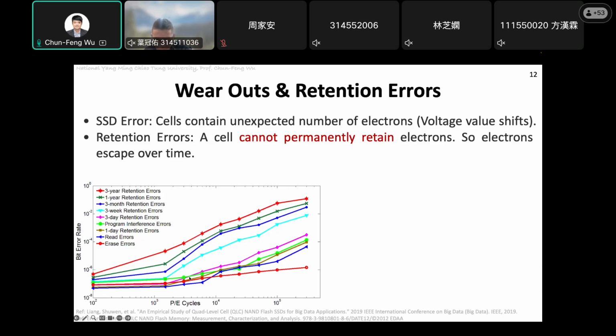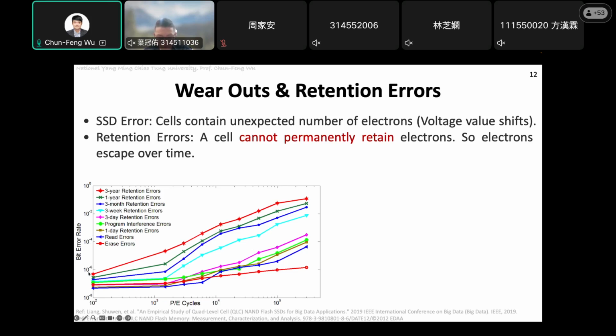Okay. And if you look at this figure, if the PE cycle is now around 10 to the 3, thousands of times using an SSD, you can see, oh sorry, I forgot to introduce the y-axis. The y-axis is the bit error rate. Bit error rate means how much error there is in a certain region.